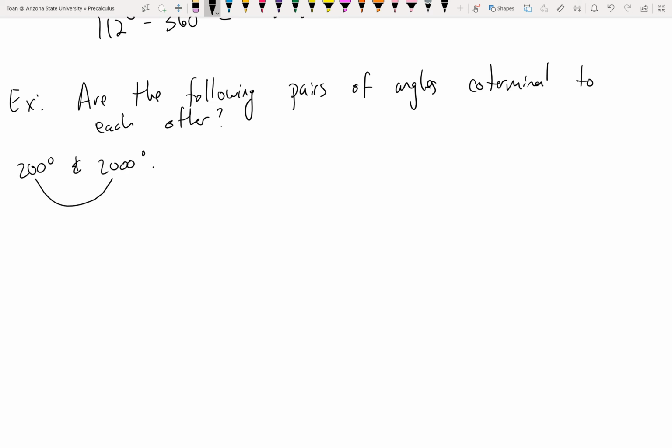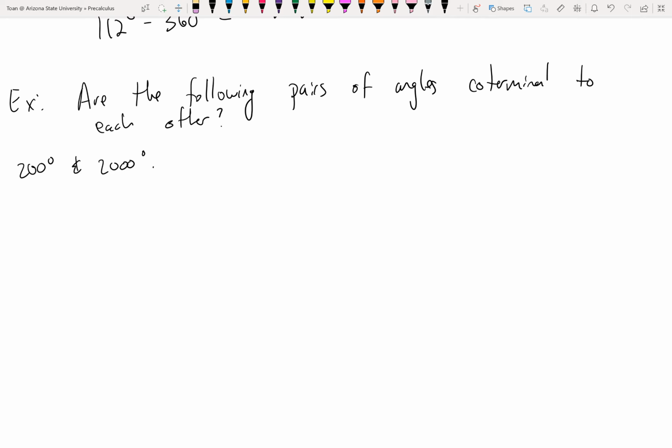The easiest way you can do this is start at one angle and constantly add or subtract to get to the other angle. So I could start at 200 and add full circles, 360 degrees, and see if I land on 2000. Or I can start at 2000 and subtract full circles, 360 degrees, and ask myself, do I land on 200? There is no right, wrong, easy, hard way to do things.